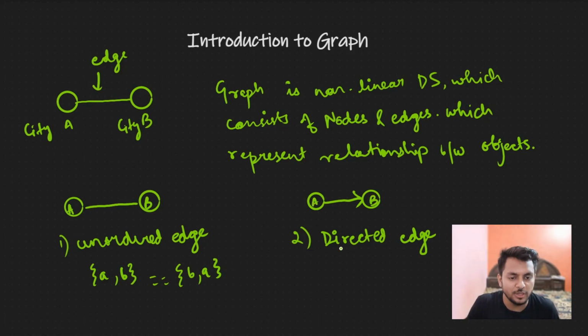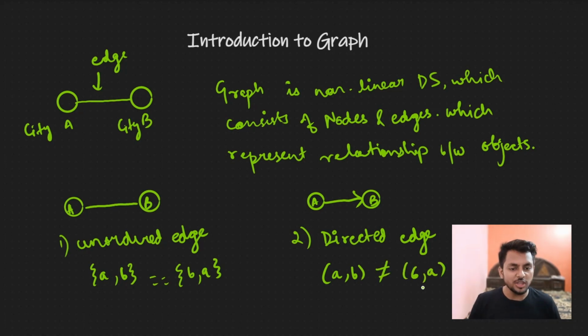So directed edges are represented by an ordered pair, where (A, B) is not equal to (B, A). This is how we represent unordered edges and directed edges.